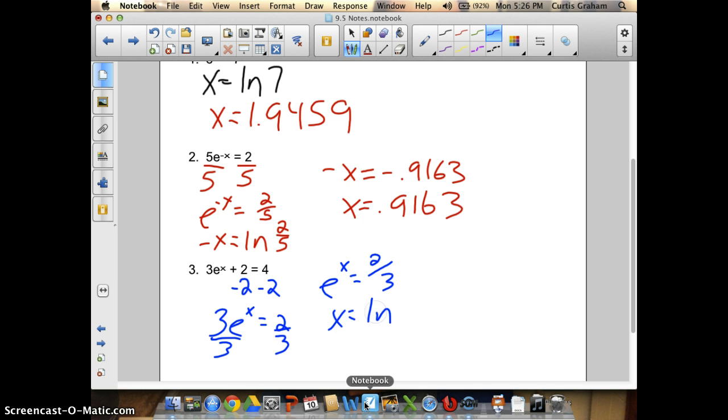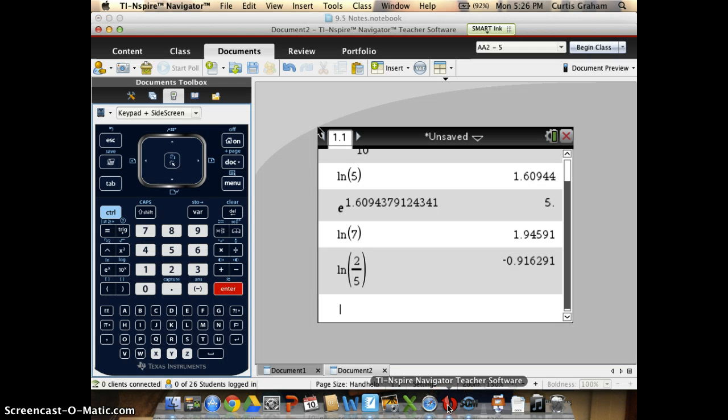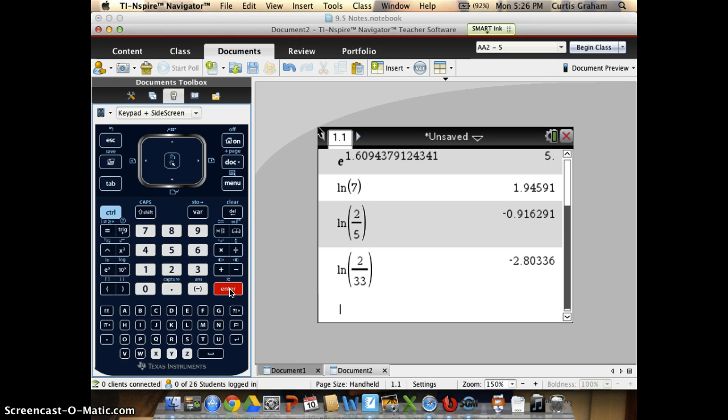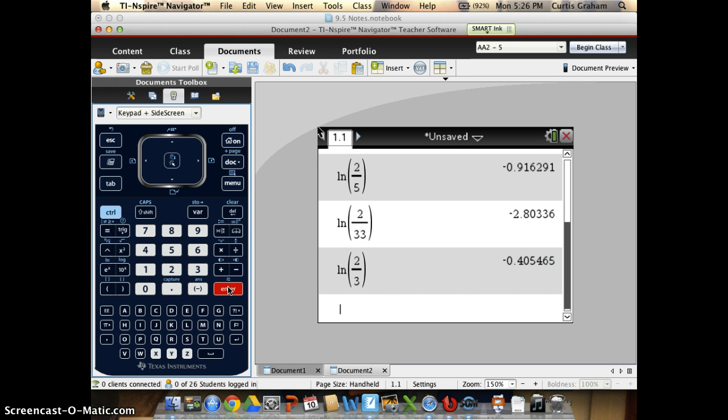So the natural log of 2 over 3 is equal to x. And then type that in my calculator. My answer is negative 0.4055.